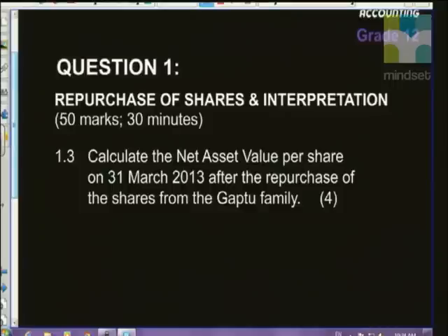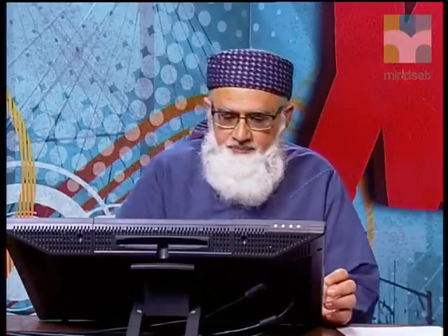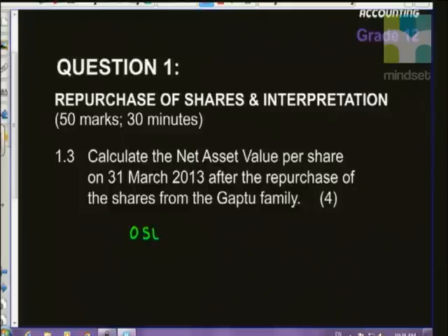Now remember, the net asset value per share is your ordinary shareholders' equity divided by the number of issued shares. And you're going to express this not as a percentage, sorry. Your net asset value per share is always expressed as so many cents per share. So therefore, you multiply it by 100 over 1 because there are 100 cents in the rand.